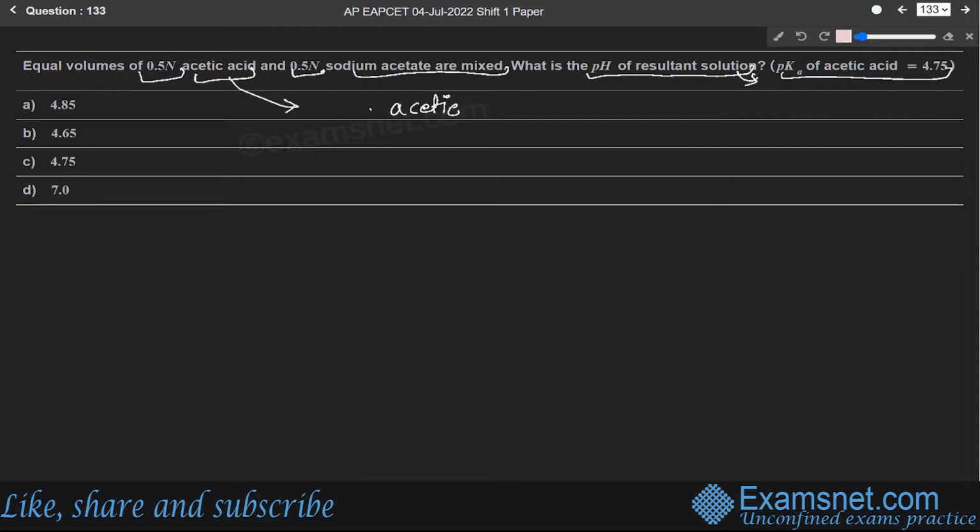First find what is given to you. They have given us acetic acid, that is CH3COOH, and sodium acetate, CH3COONa. One weak acid is given to you, and one salt is given to you.